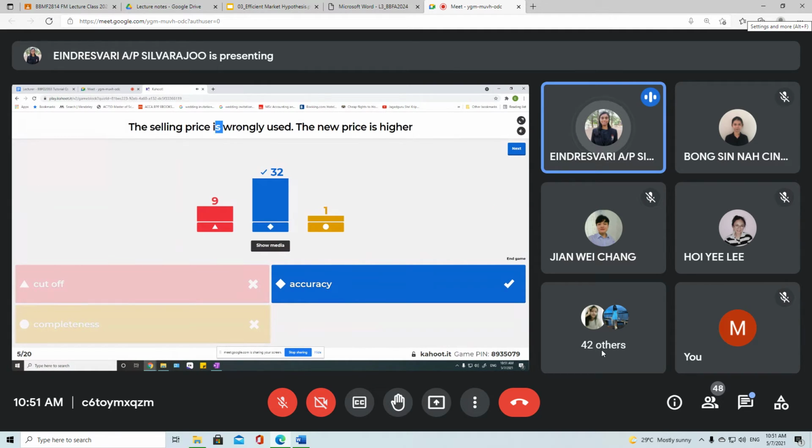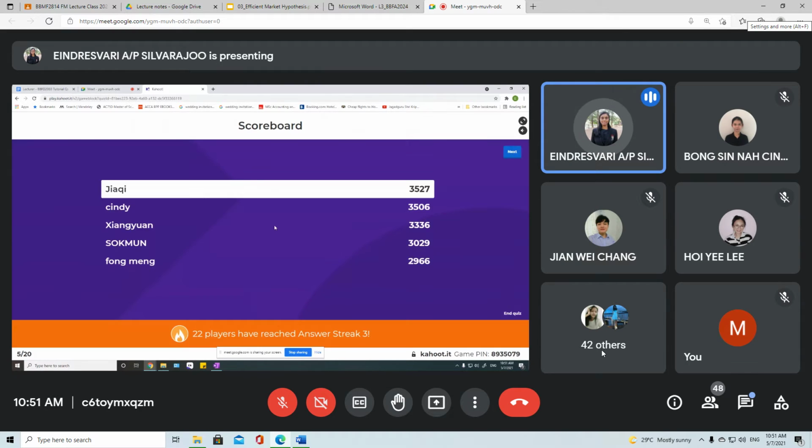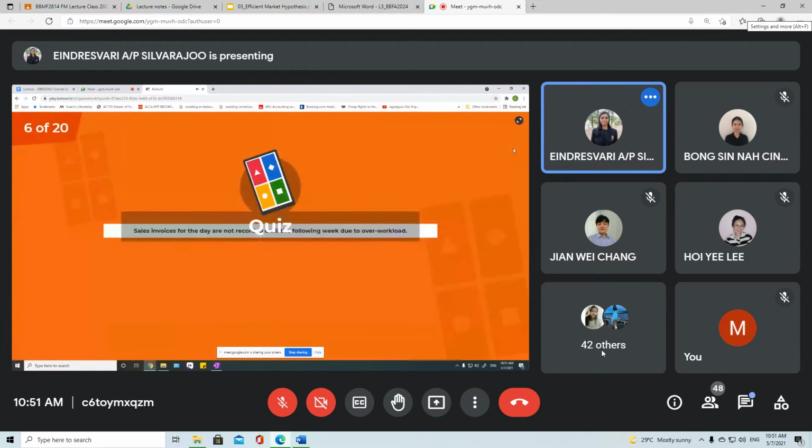Okay, selling price is wrongly used. We are looking at the assertion. Cut off means recording the transaction in the wrong accounting period. Completeness means not recording the transaction at all.